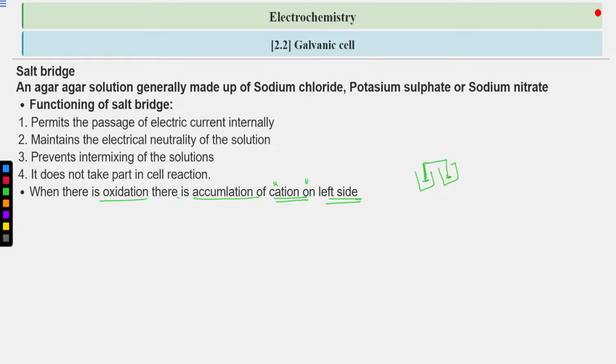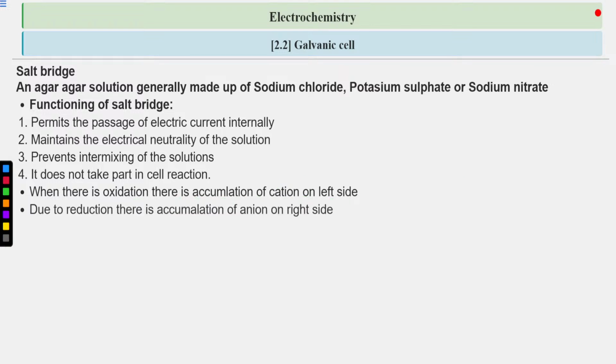So at the left side, meaning this side, when there is oxidation, there is accumulation of cations. And due to the reduction, there is accumulation of anions on the right side, inversely, right? Whatever is happening at the anode, the same opposite process will happen at the cathode.